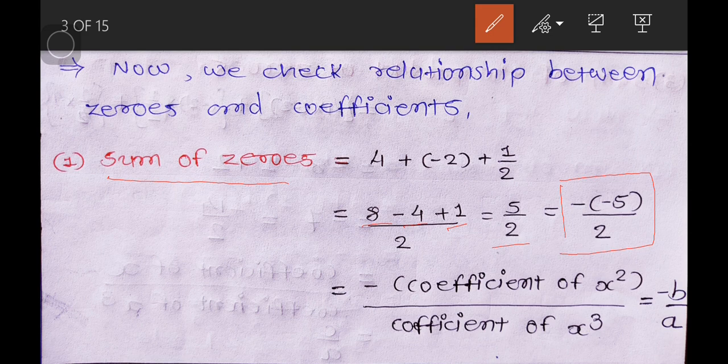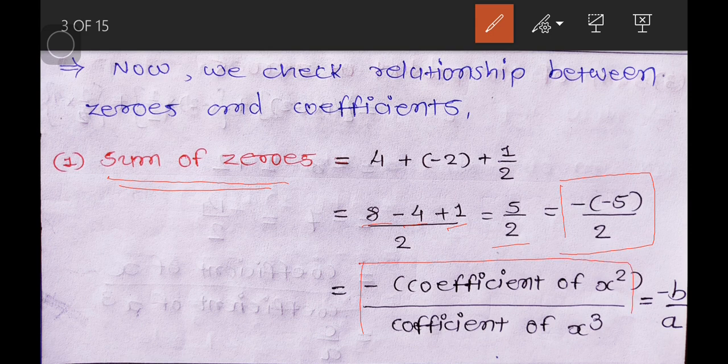Now we know that minus 5 is the coefficient of x square, the second term of the cubic polynomial, and 2 is the coefficient of x cube. So the relationship between zeros and coefficients is that the sum of the zeros is equal to minus coefficient of x square divided by coefficient of x cube.